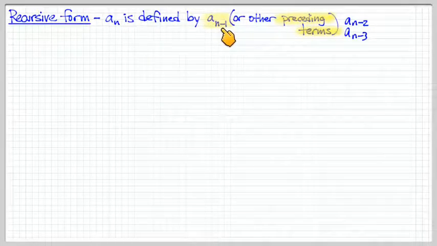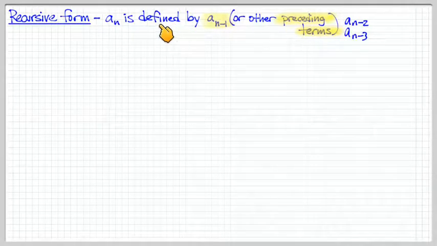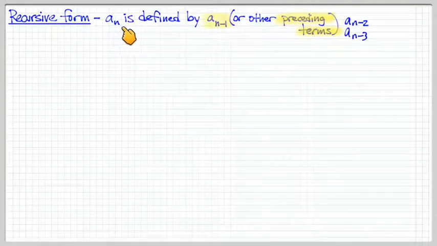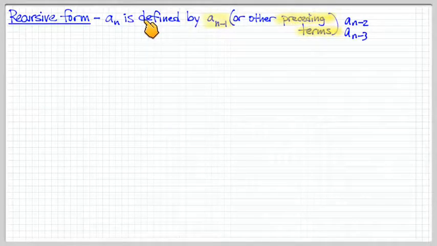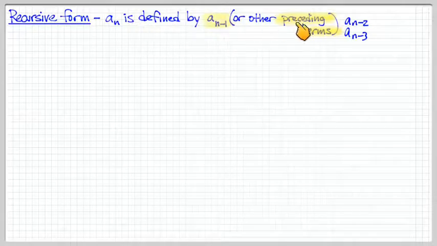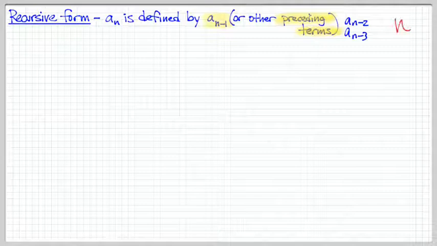This means the term right before the an term, and then we have 2 terms before the an term and 3 terms before the nth term. It doesn't always have to be using all of these, but it's defined by a previous one, and it's not defined by n itself.